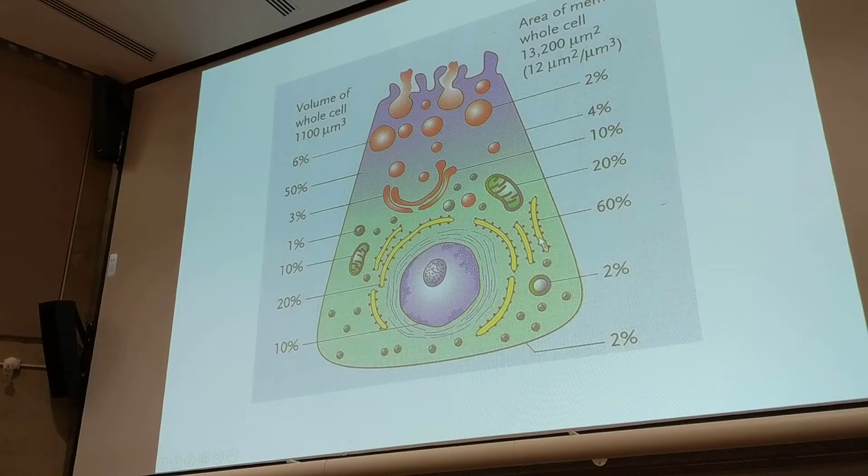It's highly packed. It's almost all membrane. For example, 60% of membrane here, while it has only 20% of volume. So it has a ratio of 3 to 1 here. It has much more membrane than the volume that it occupies.